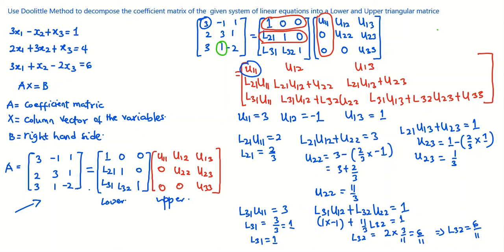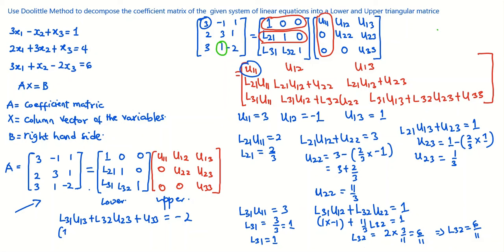So let's look at the last element for the matrix we generated. For that one, we have L31 multiplying U13, plus L32 multiplying U23, plus U33, and this will be equal to minus 2. You know the value of L31, right?